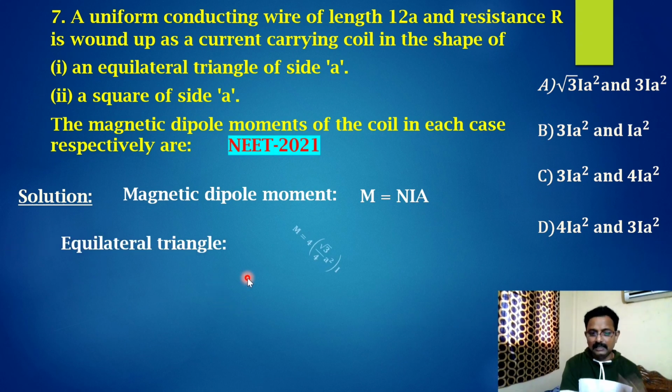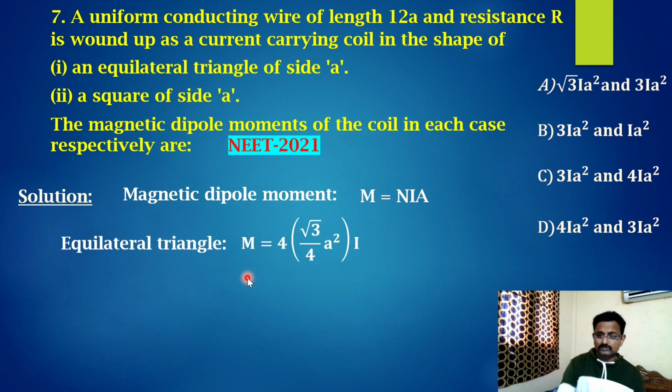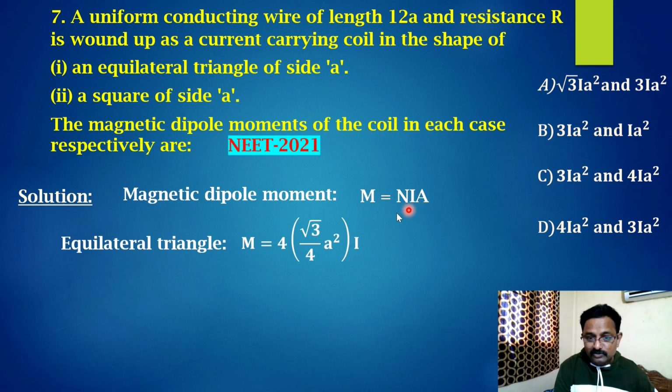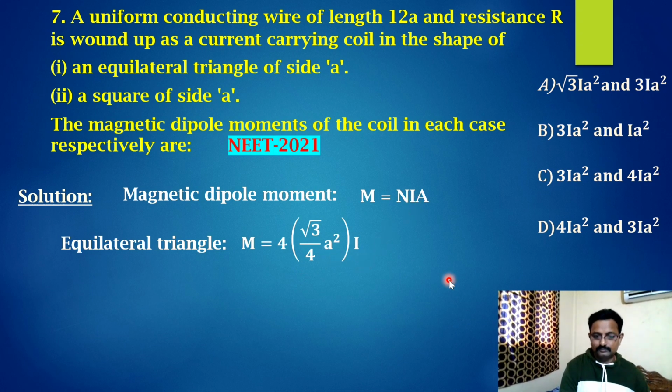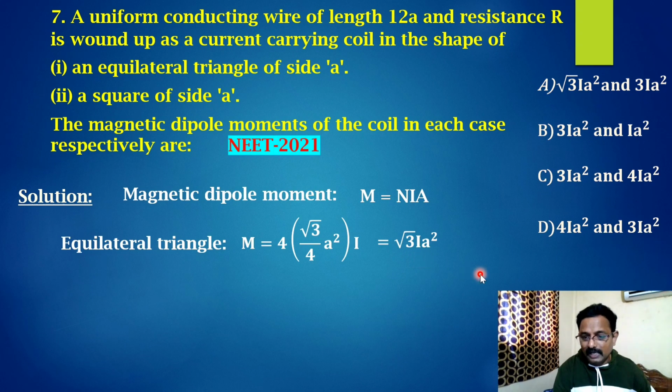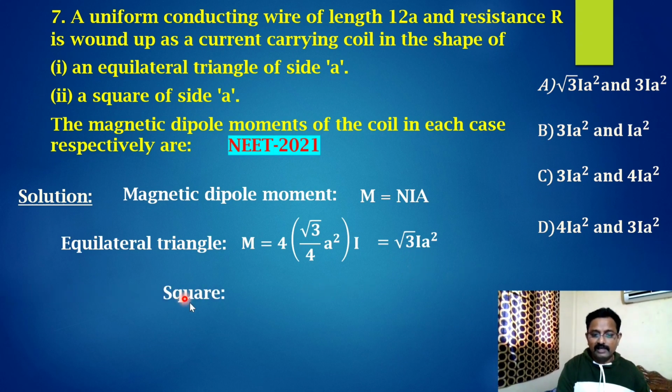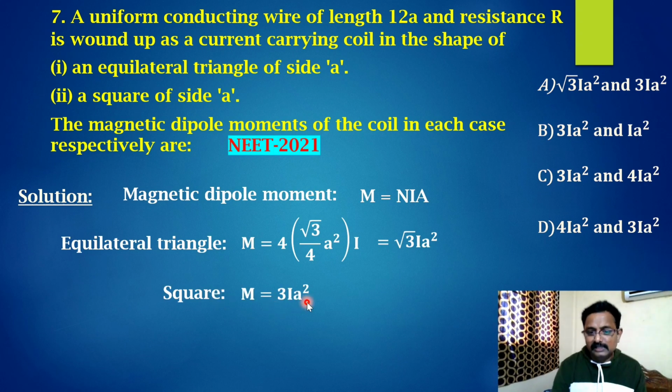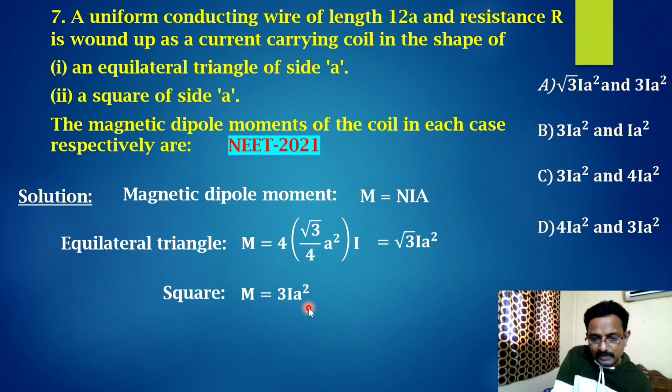For the equilateral triangle, we will get number of turns N equal to 4, and area of the loop, that is area of equilateral triangle, root 3 by 4 A square, so M is root 3 I A square. For the square loop, we will get M equal to 3 I A square, that is number of turns 3 into current I into area of the loop A square.